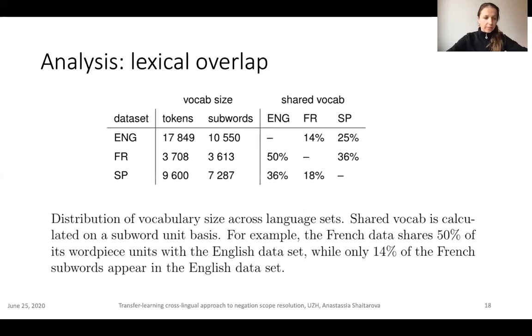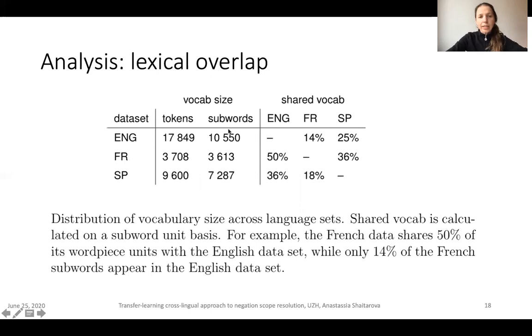Another aspect is lexical overlap. By lexical overlap, I mean the number of shared subword units between the source language in the training data and the target language in the test data. Here, the left side of the table shows a general overview of the vocabulary size measured in full tokens and in subword units for each language set.